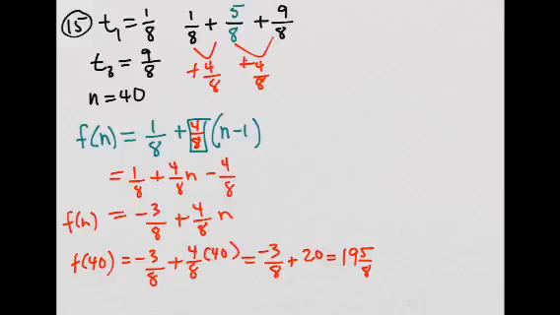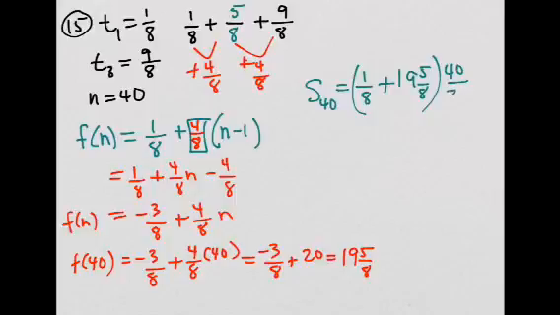So you go over here and you set up the equation. S sub 40 equals the first number, 1/8, plus 5/8 times 40 divided by 2.